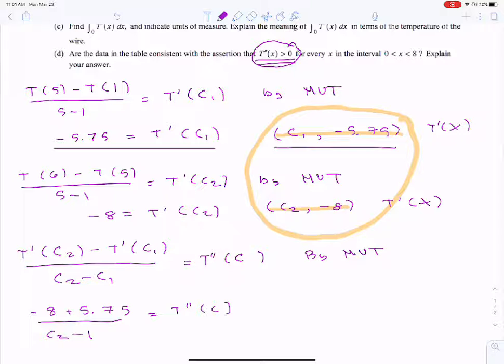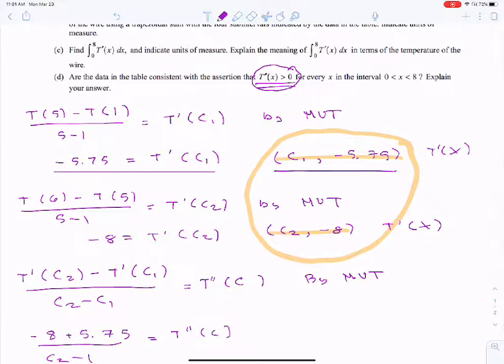Another question's coming in. So the question was, why use that interval from 1 to 6? And the reason is, when I chose my numbers, look, notice what I chose. In order to come up with the first C1 value, I started at t of 1, right?